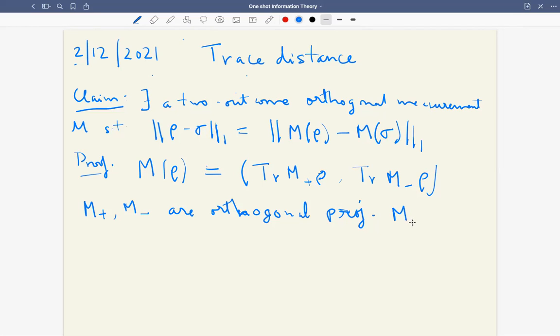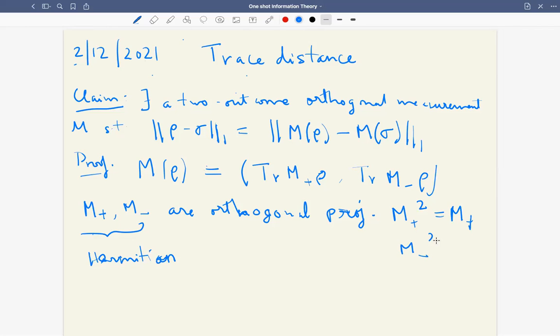First of all, these are Hermitian operators, and projection means the square is itself.